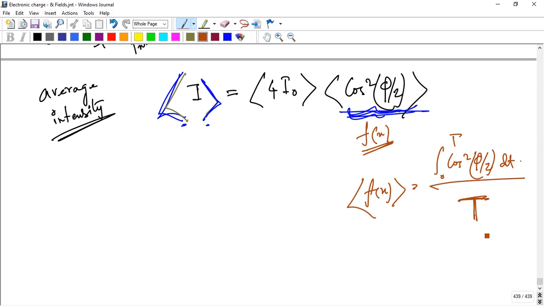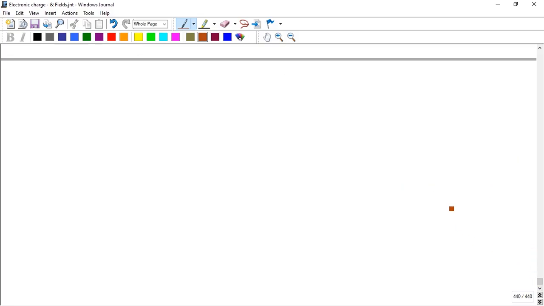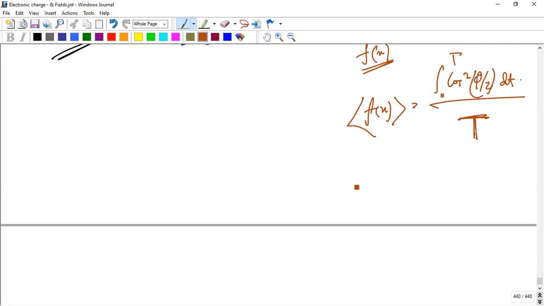And if you integrate this, we get 1 by 2T, integral from 0 to T of 2 cos square phi by 2 dt. Actually phi and time are dependent.